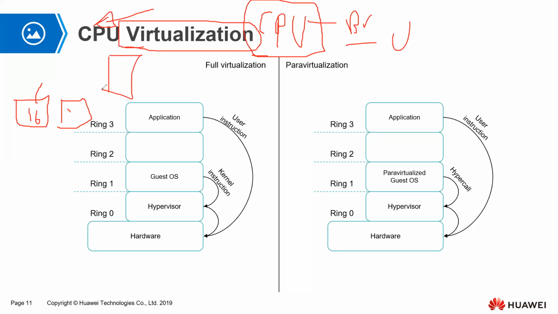But it was important for us, before we actually even get to know about the different types of full virtualization, para-virtualization, to know about these rings. That's why I hinted or talked about them.